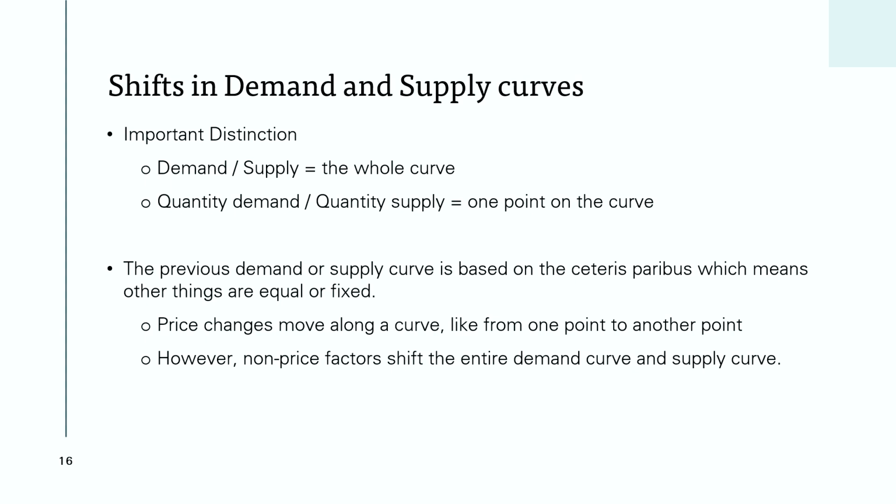Quantity demanded or quantity supplied refers to a specific point on the curve, depending on a specific price. When price changes, the point moves along the curve. However, when non-price factors change, like income, preference, technology, or input costs, the entire curve shifts.